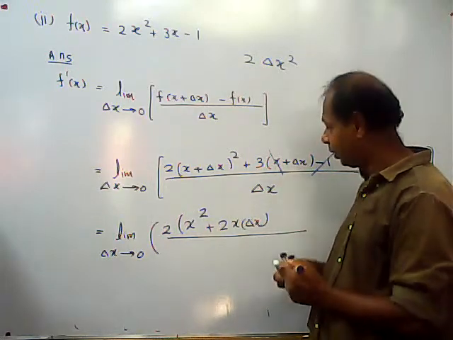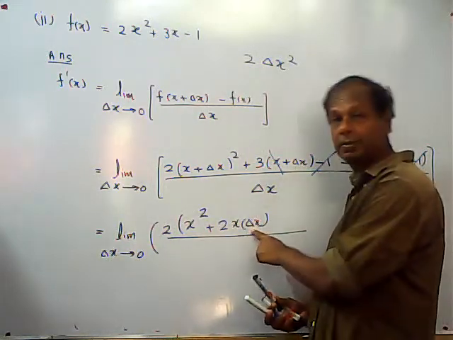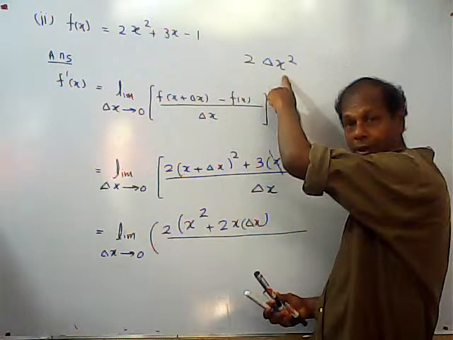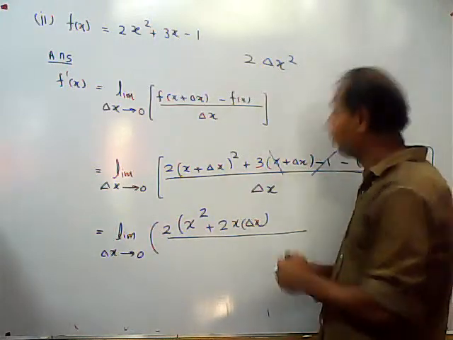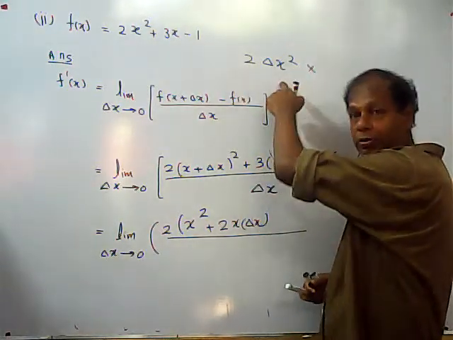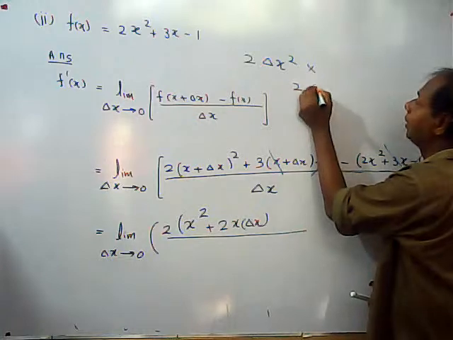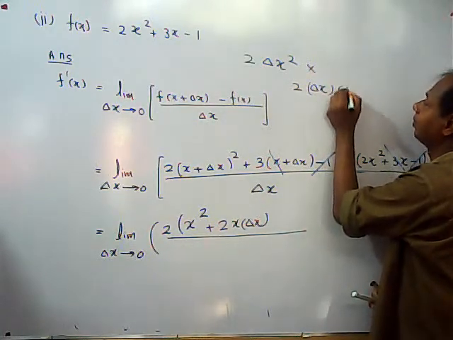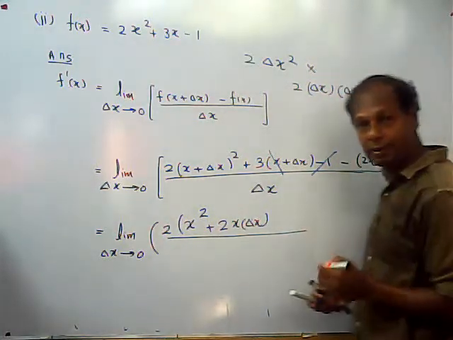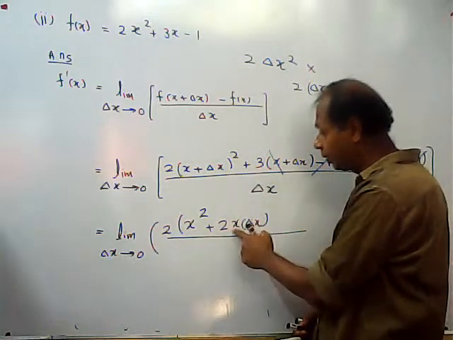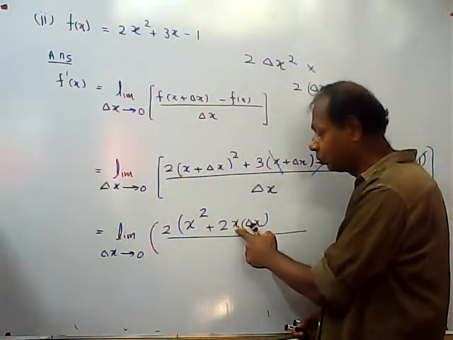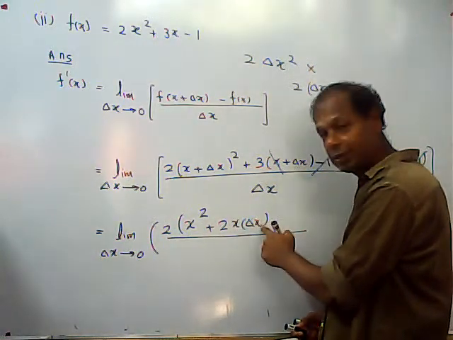Is it correct to write this as 2 delta x squared? No, it's wrong. 2 delta x squared is 2 delta x into delta x. But here, what we have is 2x into delta x, so we have to write it like this.